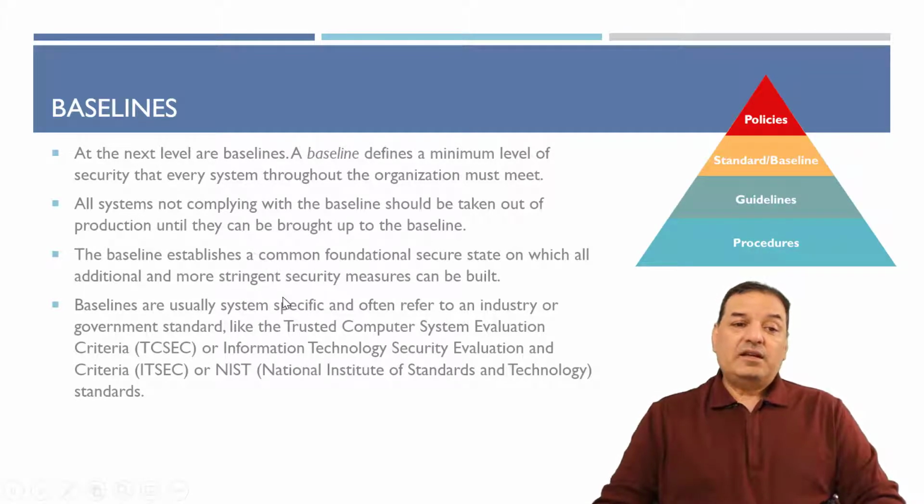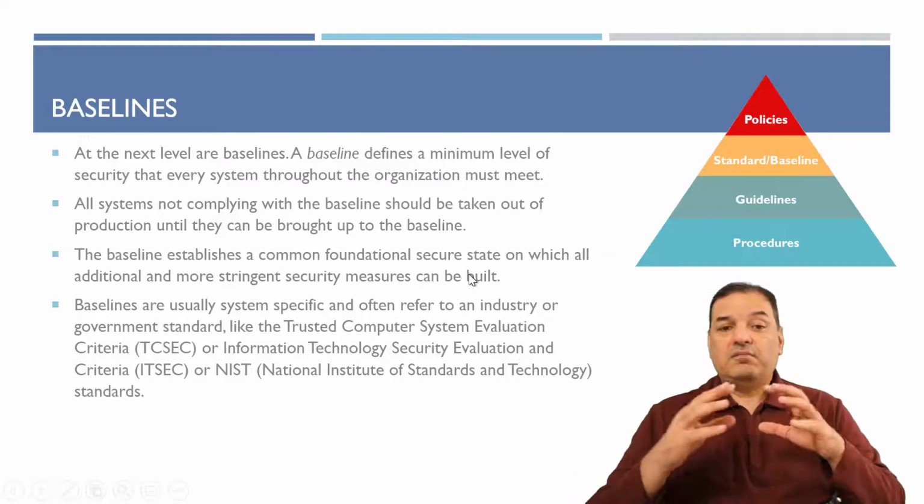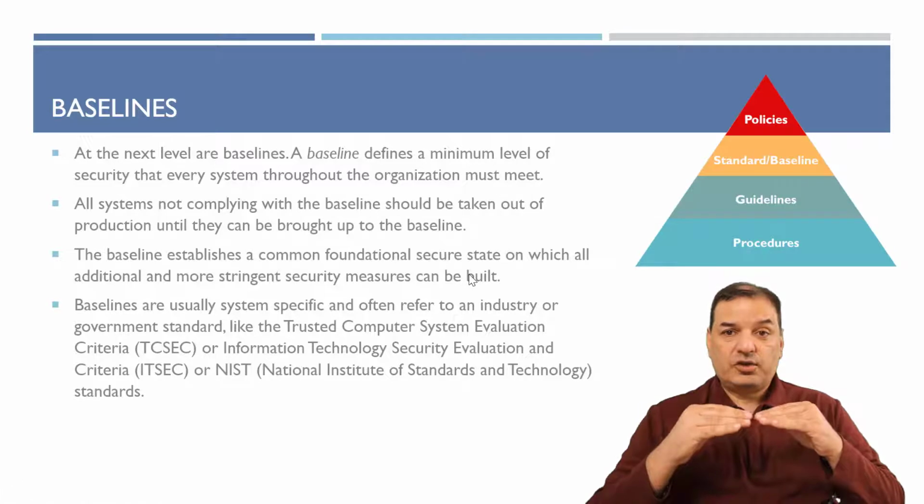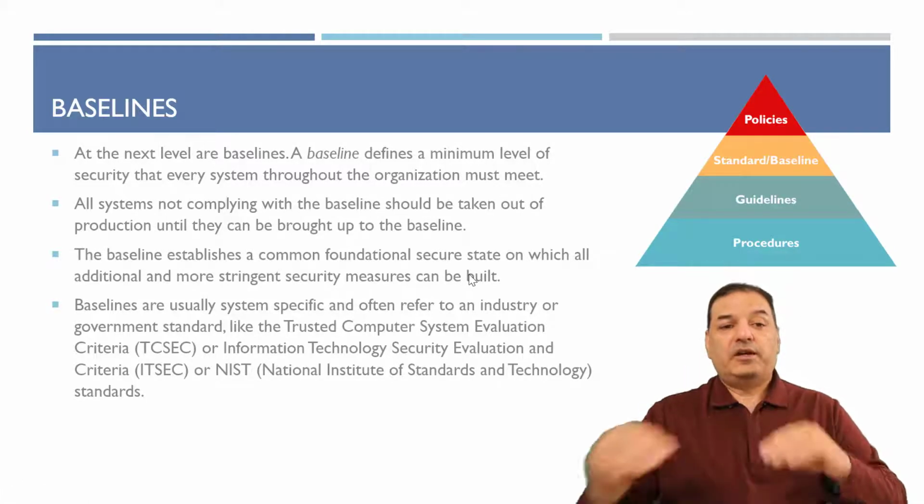So the idea of a baseline is to set up a common foundational secure state on which all additions and more stringent security measures can be built. Think of it like the minimum that you have to have, and then you can add but not remove from it.